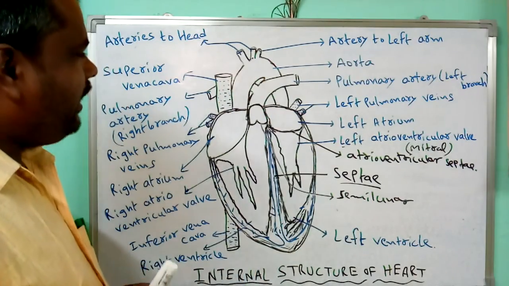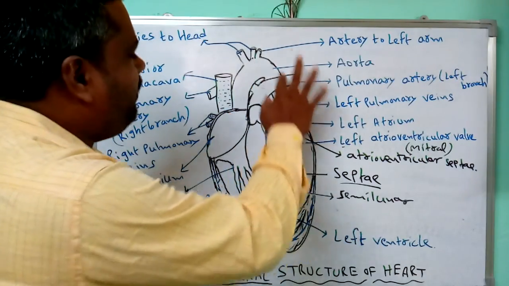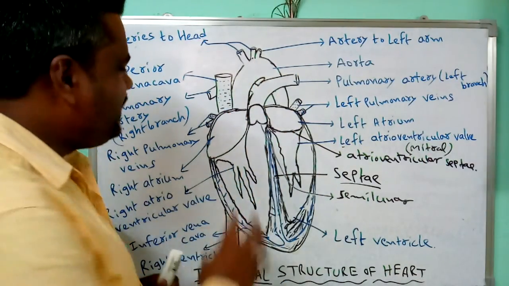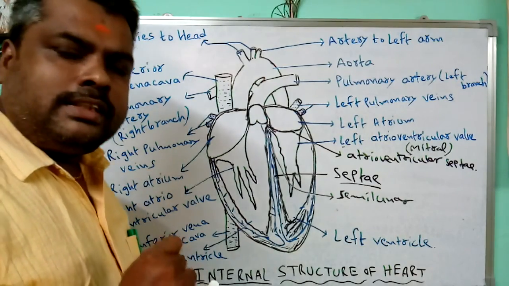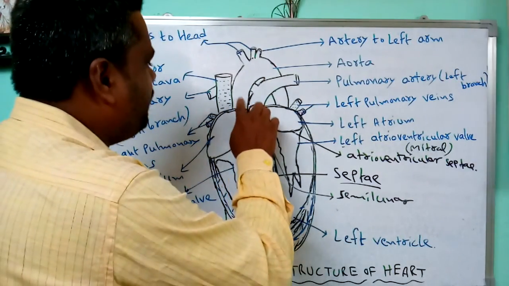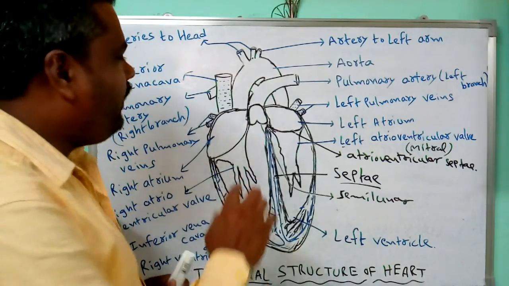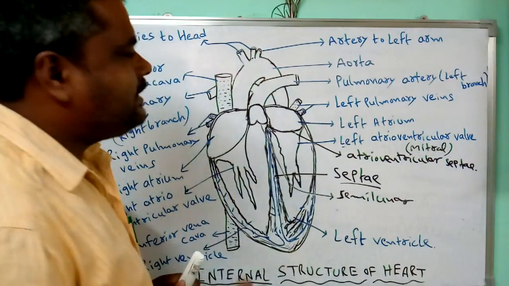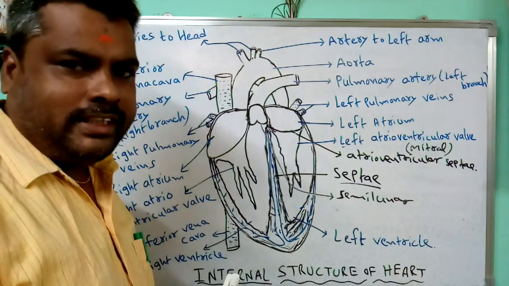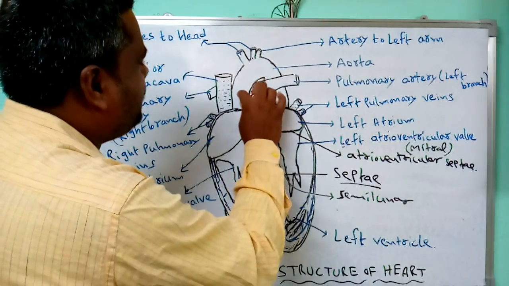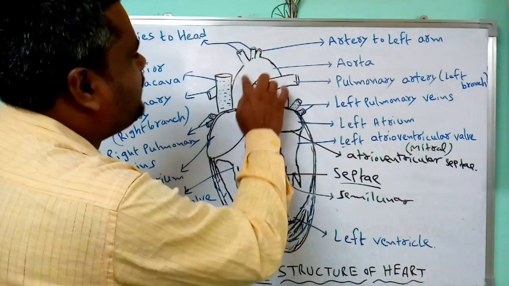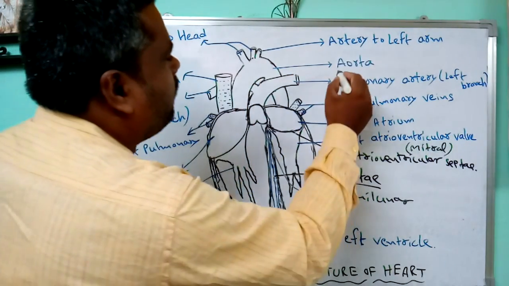Next, when we come to the blood vessels observed in this heart, generally, the rigid blood vessels that arise from the heart are commonly called arteries. A large artery which originates from the heart is commonly called the aorta.